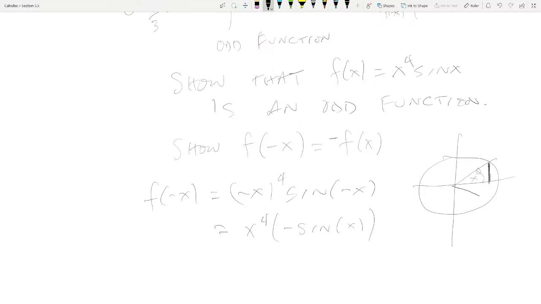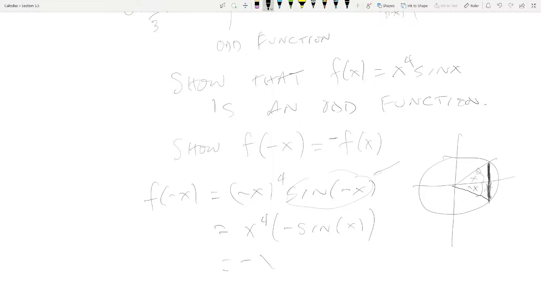And then if I go negative x, then I get negative the sine of x. So you see how sine of negative x, this length right here, is negative of this length right here. So you maybe remember that identity, or you forgot it, or you never knew it, but that's the design of the problem for you to know that about sine x.